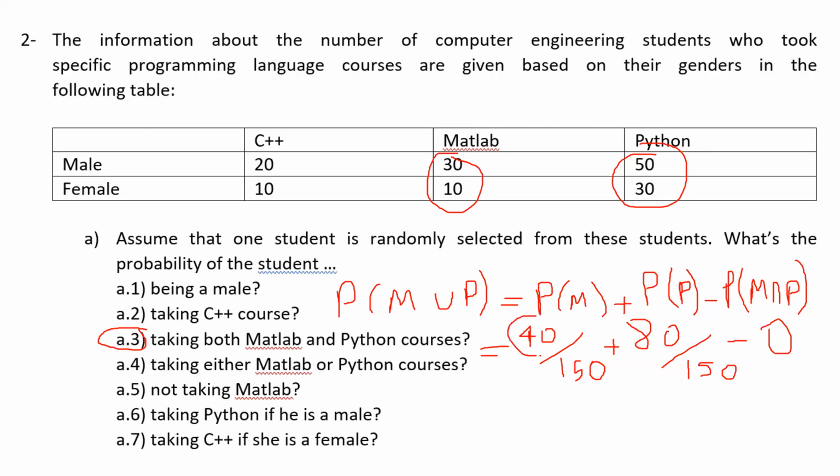No, this is okay, because the value that we got is 120, which is less than 150. There's no problem with that. If it gets, for example, 160 over 150, it means that you did a miscalculation. So 120 over 150 is the final answer. The summation of these two over 150.